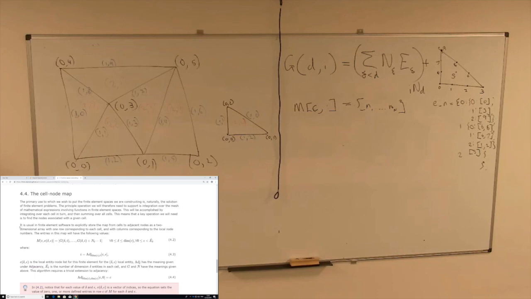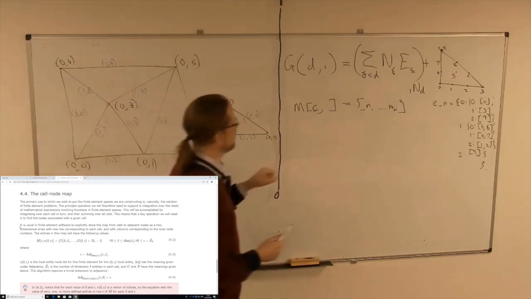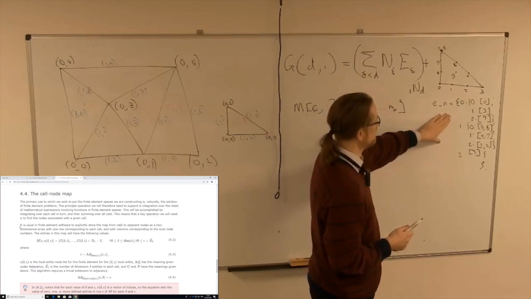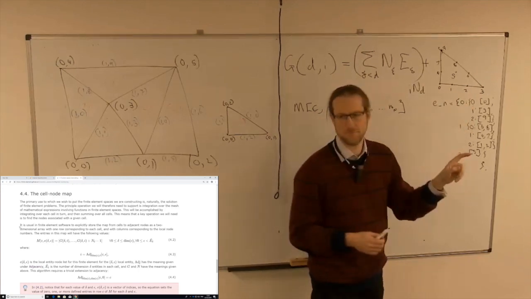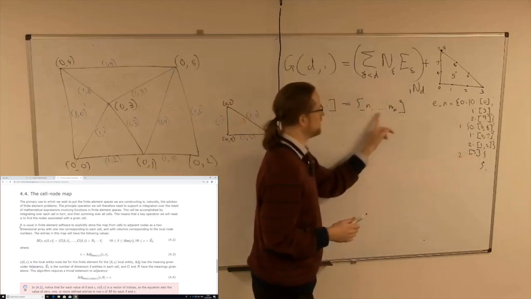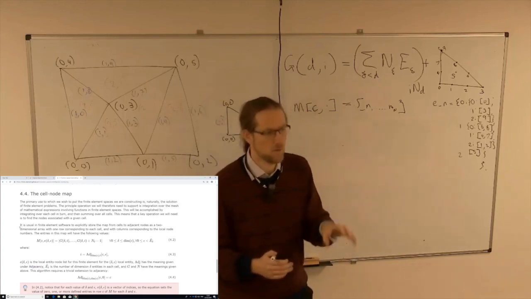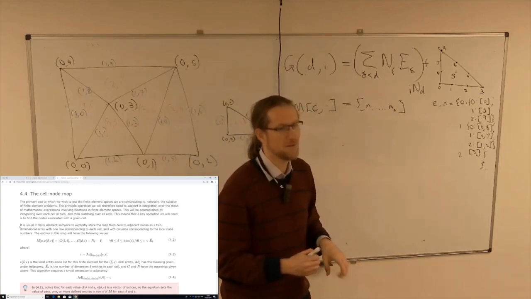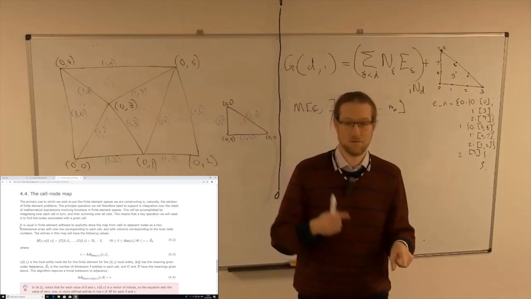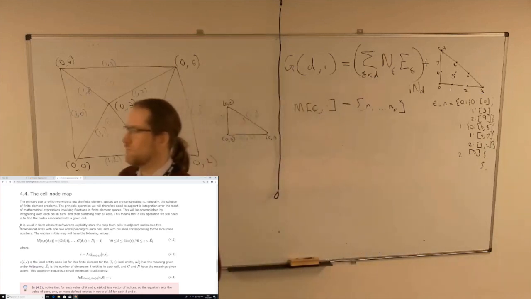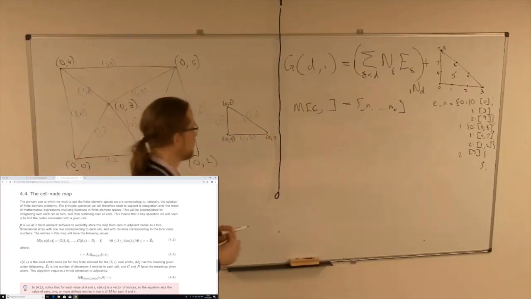So the way I construct this then is by looking up the local topology for each entity in turn, and setting the entries in here that correspond to the local topology, and setting them equal to the global entities that are corresponding to that local topology. So this is equation 4.2, which is the crunch of this.